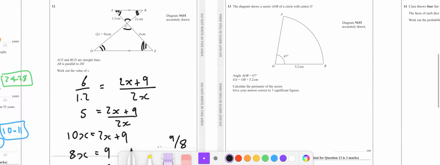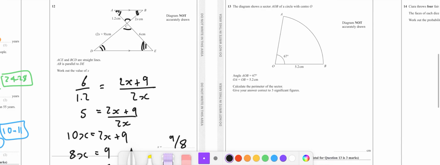Okay, question 13. The diagram shows a sector of a circle with centre O, angle 67. Calculate the perimeter of the sector, give your answer to 3 significant figures.